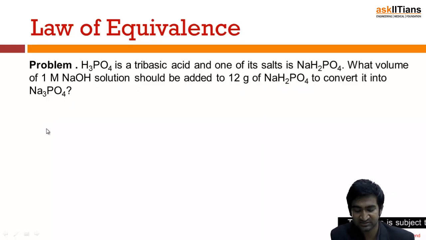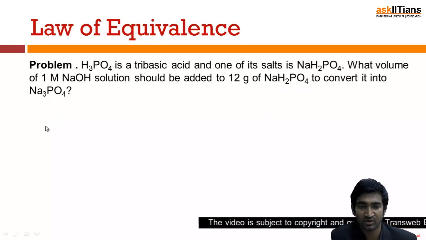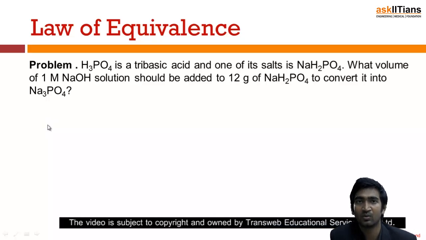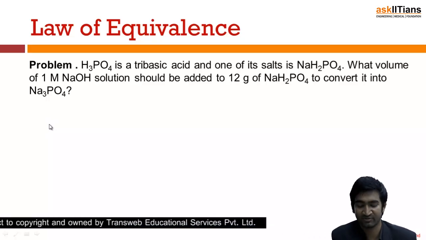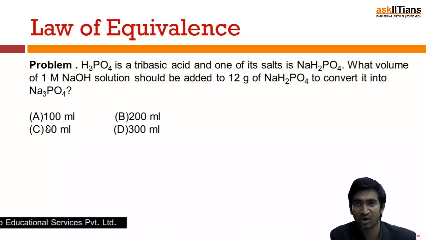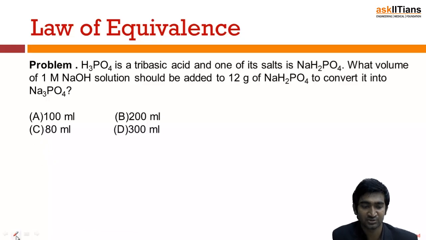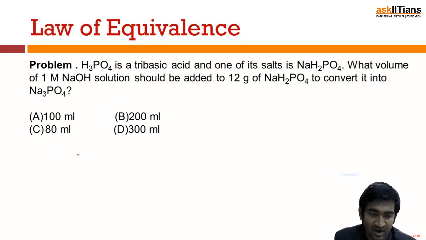For this type of question, we can just apply the law of equivalence. Options are also given. Let's solve this question so that you can better know what I'm trying to deliver.